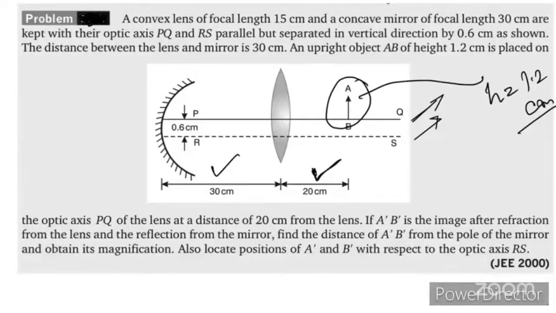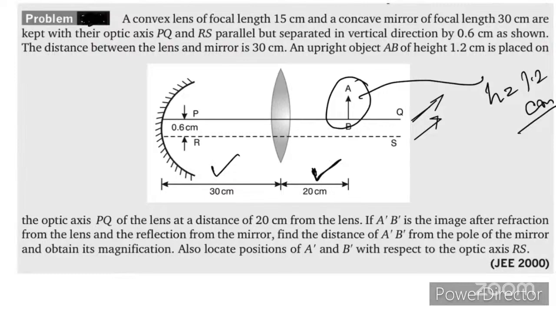If A dash B dash is the image after refraction from the lens and the reflection from the mirror, find the distance of A dash B dash from the pole of the mirror and obtain its magnification. Also locate positions of A dash and B dash with respect to the optic axis RS.